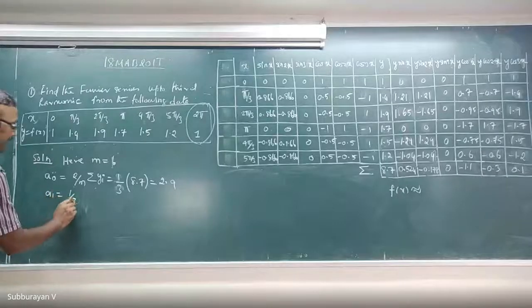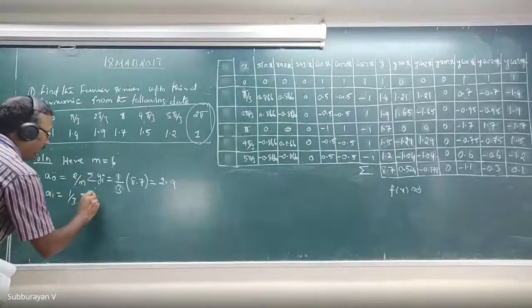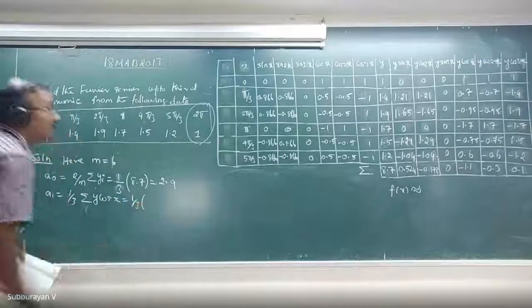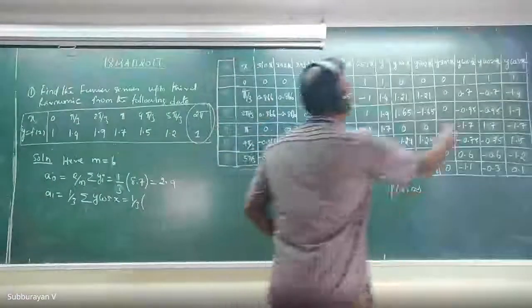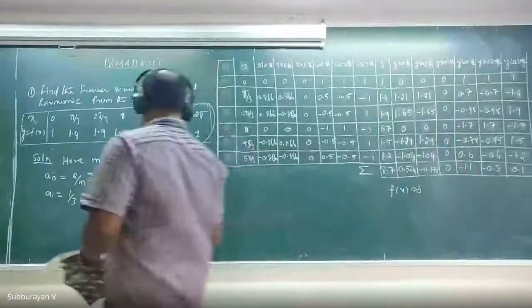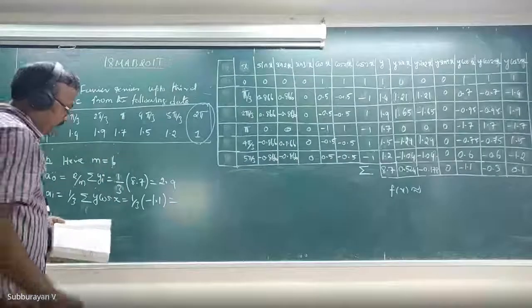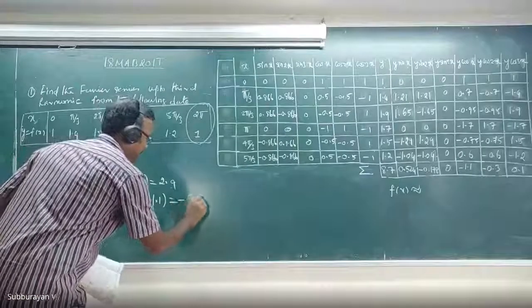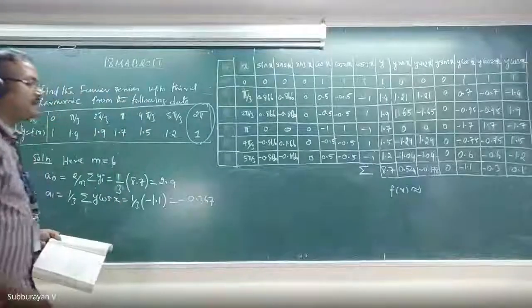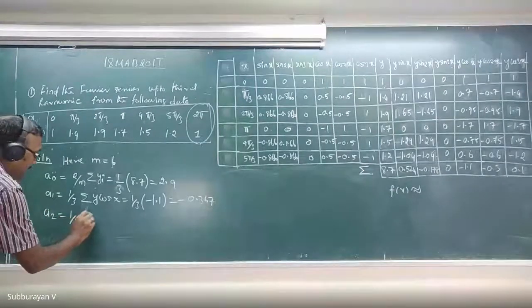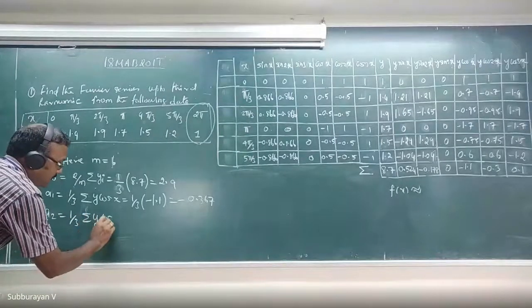Yes, sir. And a1, which is 1 by 3 into summation y cos x. That is 1 by 3 into minus 1.1, so therefore this is minus 0.367. A1 is minus 0.367. And a2, which is 1 by 3 summation y cos 2x.